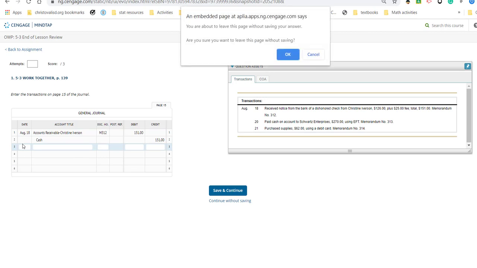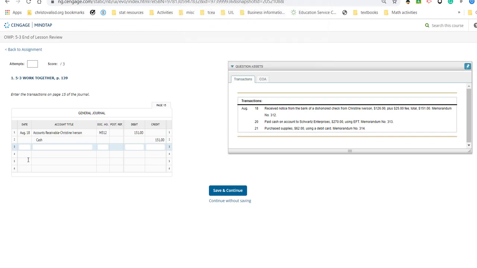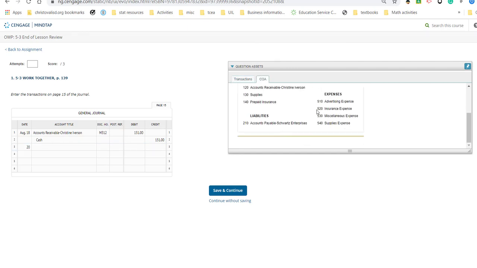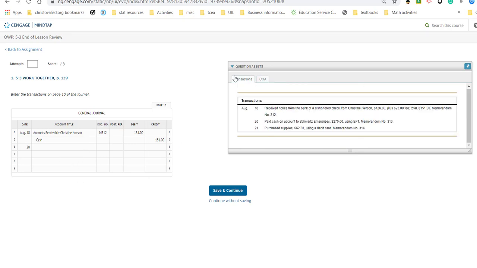On August 20th, we have paid cash on account to Shorts Enterprises for $270 using an EFT. And so this company is one of our liabilities, and we're lowering the amount owed to them.